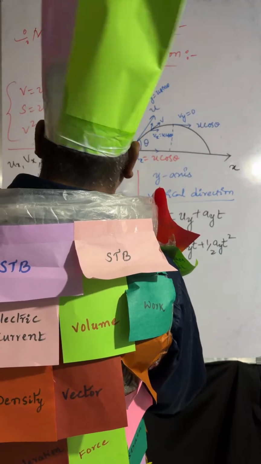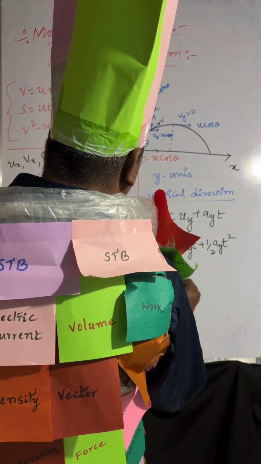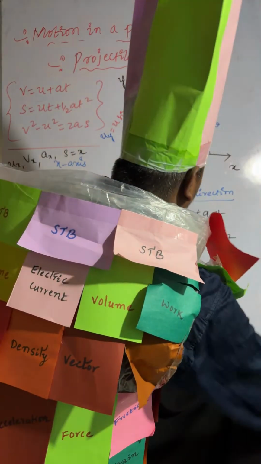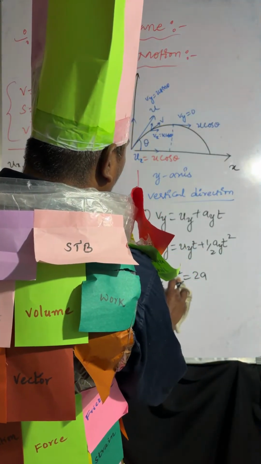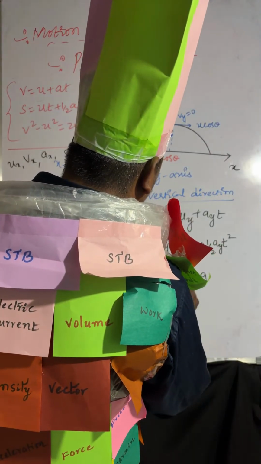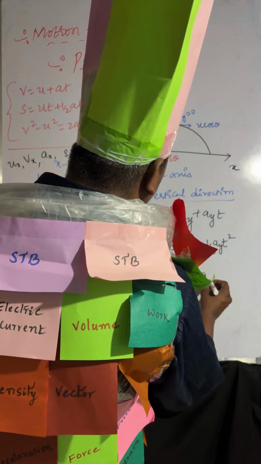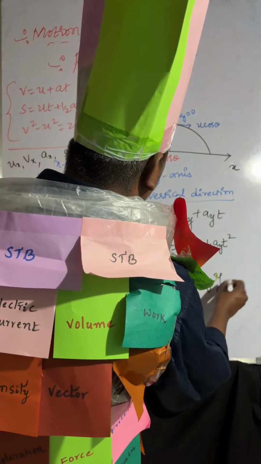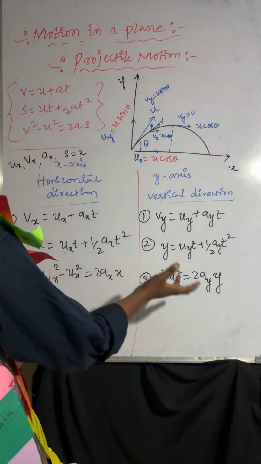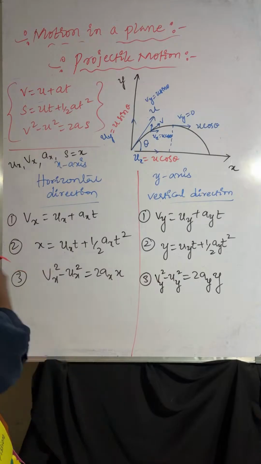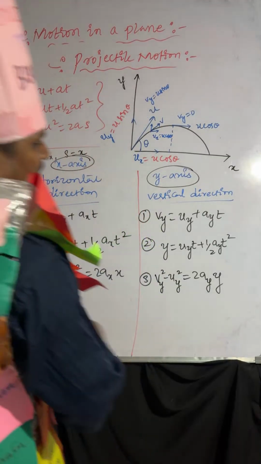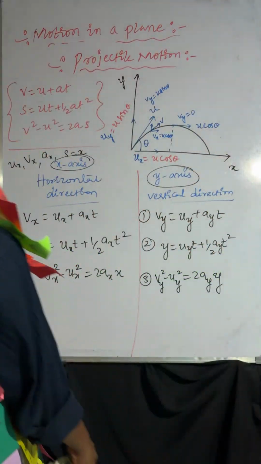Coming to the third one, vy whole square minus uy whole square equals 2ay y. So you have to consider y here: vy, uy, ay and y. I hope it is very clear, understood? Like that, along the x-axis and along the y-axis you have to consider.